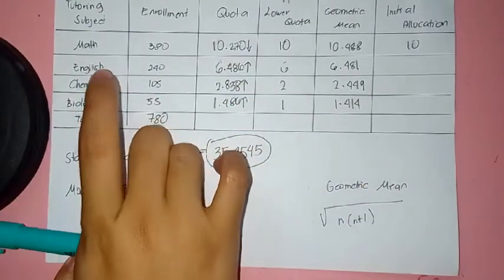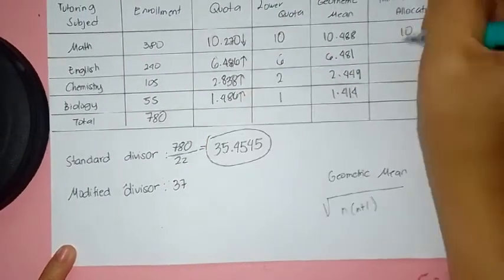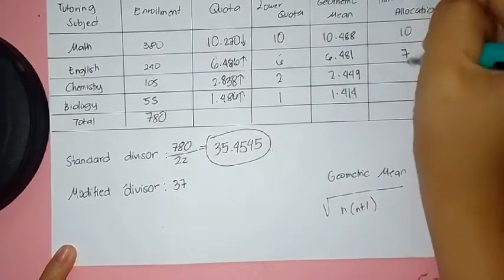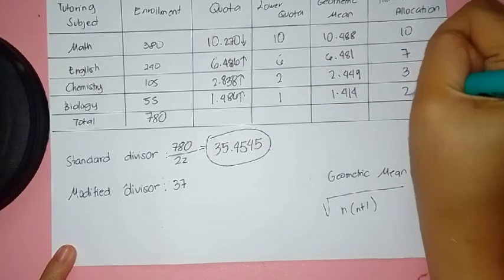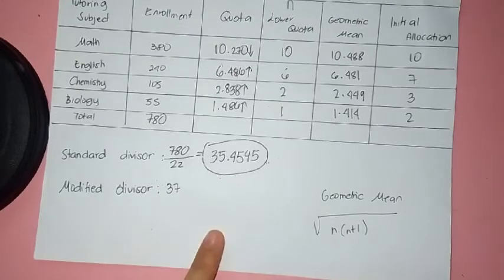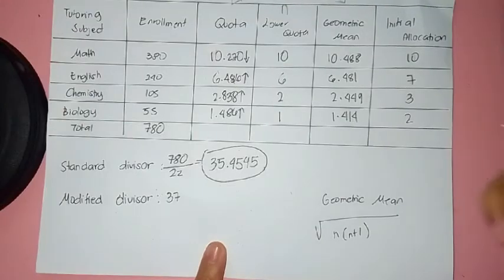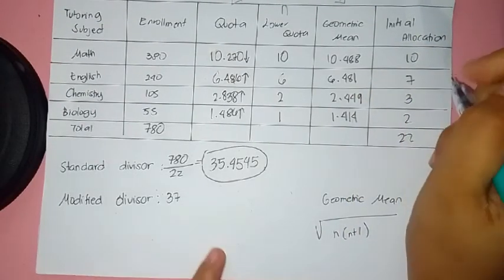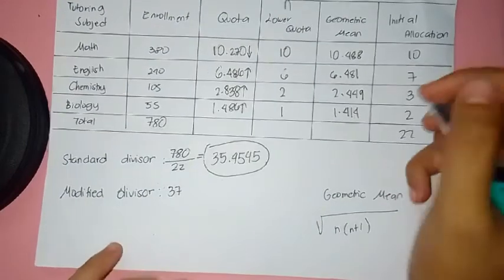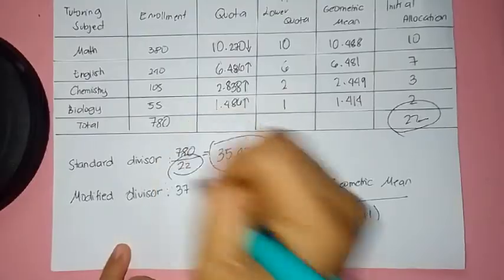In English, chemistry, and biology, we increase the quota. So, 7, 3, 2. We add the initial allocation: 10 plus 7 plus 3 plus 2. So, finally, we find the sum matches the given tutors in our example.